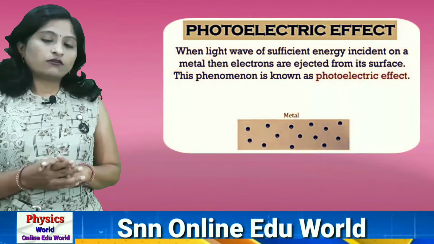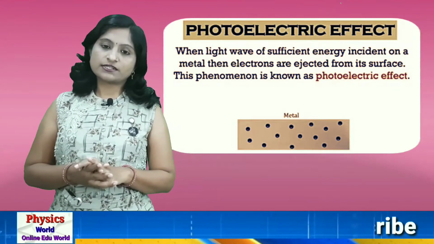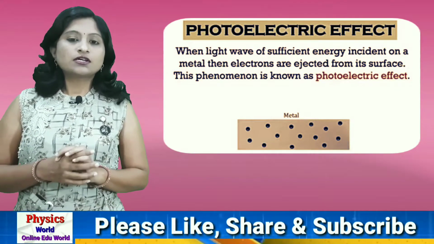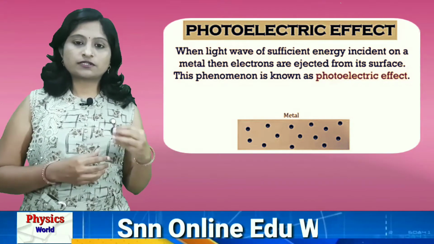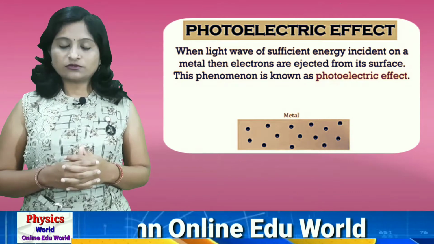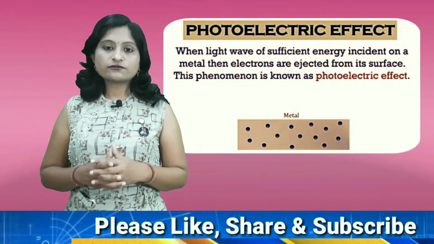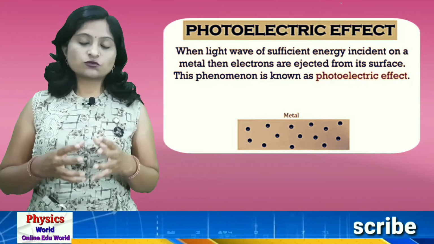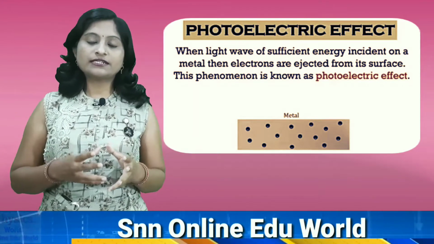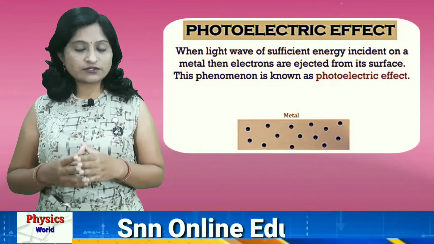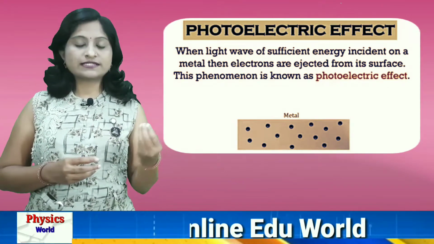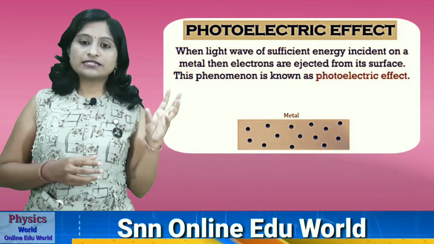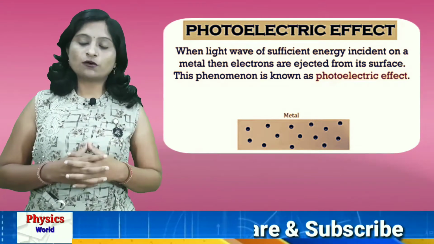First of all, we know that a metal surface is required for this effect. A metal surface contains a number of atoms, and electrons are revolving around the atom. When the metal surface is exposed to light, the light falling on the surface is nothing but photons, meaning energy packets.